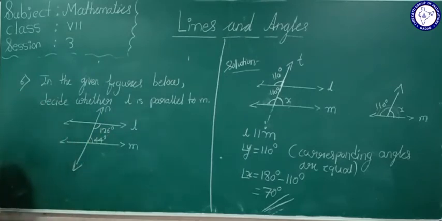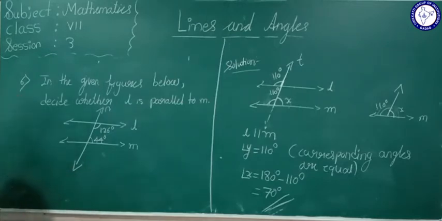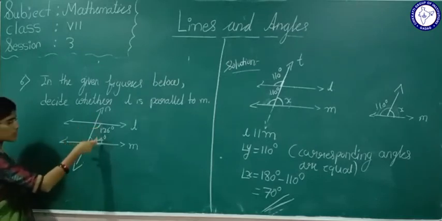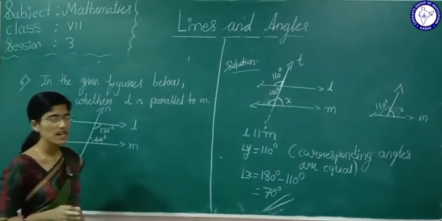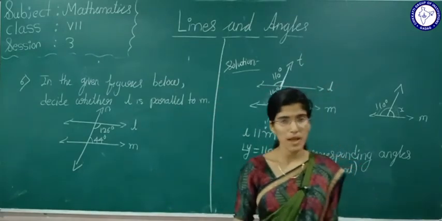Now see here, in the given figures below, decide whether L is parallel to M. Students, we have to tell whether L is parallel to M. In the last class we studied checking for parallel lines.